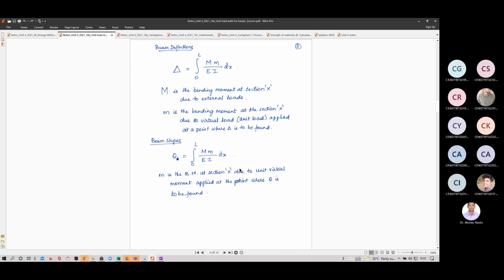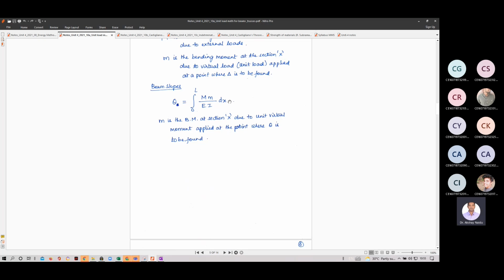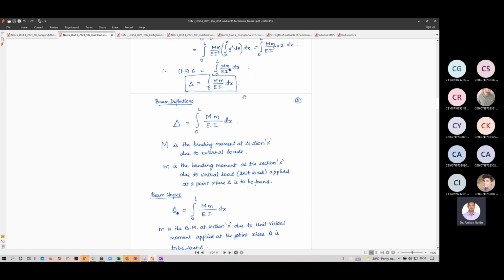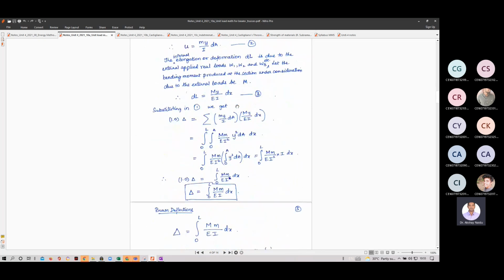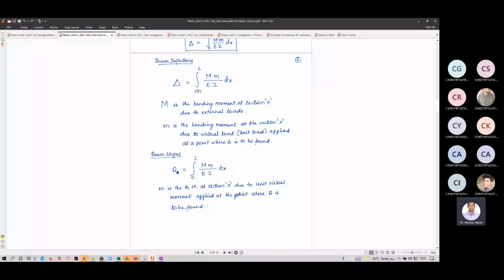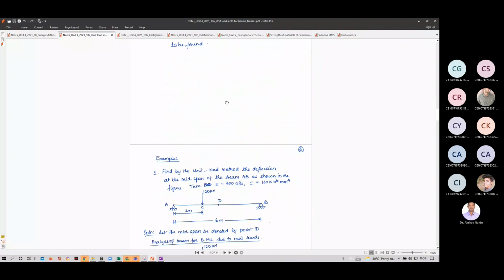Okay. So for slopes, this is. So finally, you just have to remember this. You don't have to remember all the methods. Application to beams: 1 into delta is integral 0 to L capital M small m by EI dx.